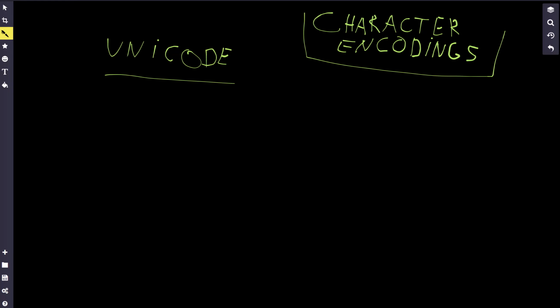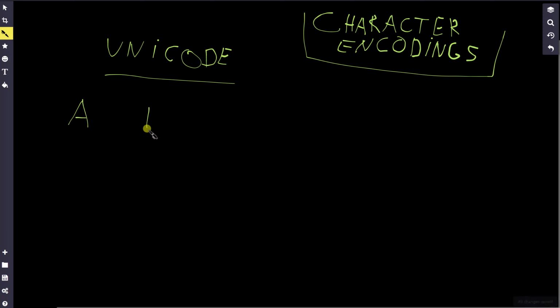So let's talk about it a bit more. It's clear to us that, well, the Latin character A does not equal B, or it does not equal C. Well, that's obvious. But at the same time, this Latin character does not equal the Cyrillic character that is also written as A. So those look similar, but those are obviously different because they are from different alphabets.